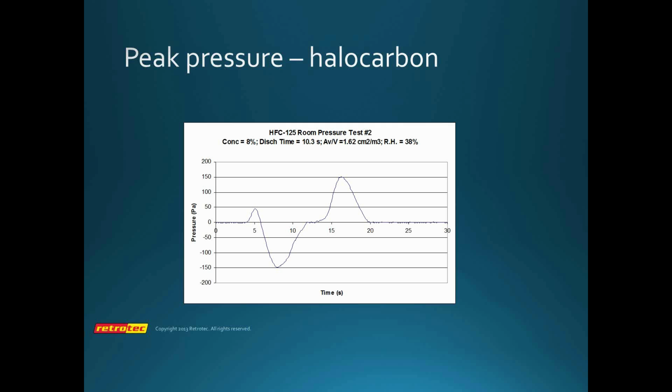And what's interesting about it is they can produce peak pressure in both directions. And often the negative peak pressure direction is larger than the positive peak pressure direction. But that's part of the evaluation, and the evaluation will tell you what the size of the negative and positive peak pressure spike will be.